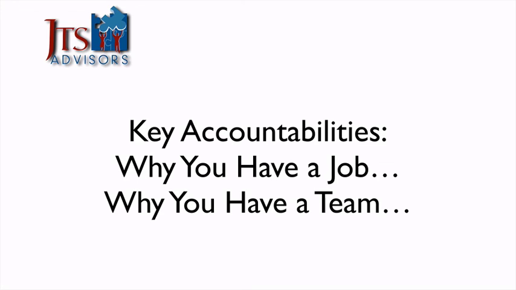That's why you have a team, for them to produce those accountabilities. When we know what these are, we can best understand how this value is flowing through your organization, how to make the most of it for your team, for yourself, for your customers, and for your organization as well.